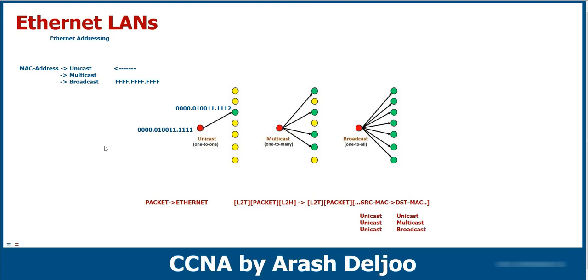Now it's a good time to review all of the topics of this video, because in the next video we will again talk about the Ethernet LAN, but this time about the logical function of the Ethernet LAN. We will learn about the layer 2 header and layer 2 trailer that Ethernet adds to the packet, and the functions of the different fields in the layer 2 header and trailer.